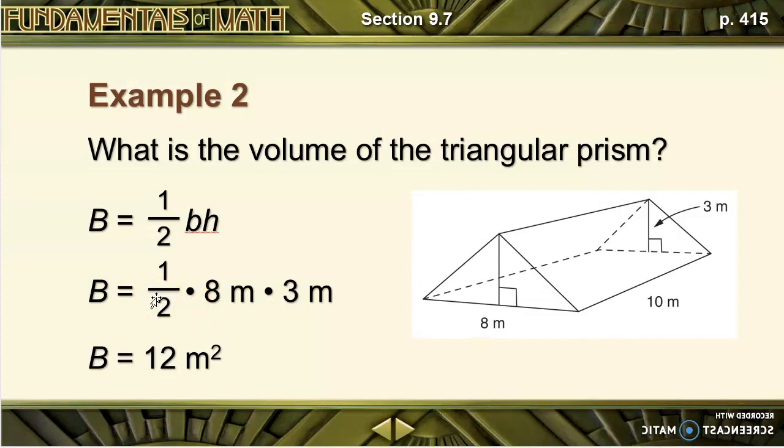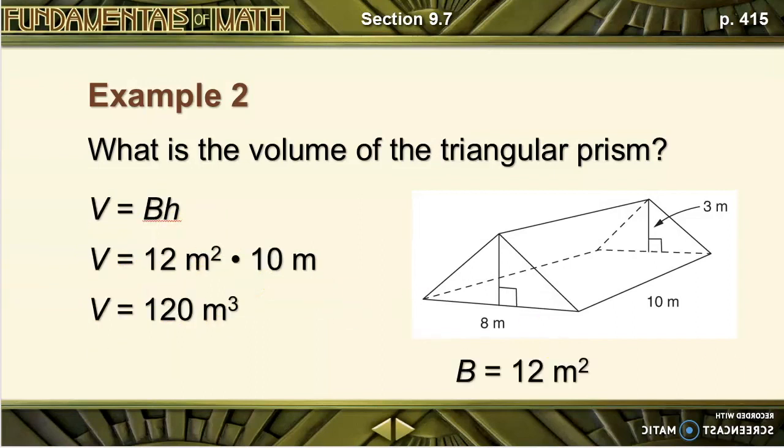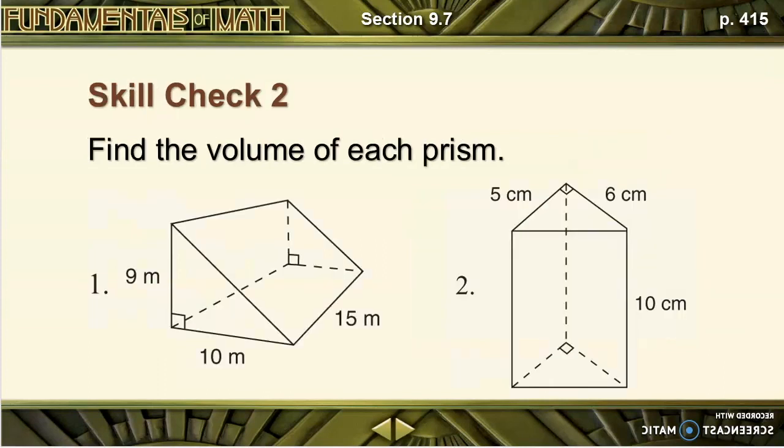How do I know that's the height? Well, whenever I have a shape like this, doesn't matter if it's laying on its back or going straight up, this is going to be the height. The height's always going to be perpendicular to the bases. Sound good? Cool. 12 times 10 is 120, and volume is going to be cubic.